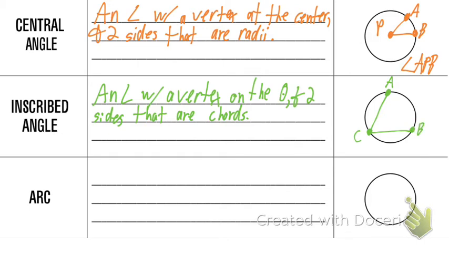So here, angle ACB or BCA, the vertex C is on the circle, and the two sides of the angle are chords. They have endpoints on the circle. CA is a chord, BC is a chord. Questions on that?